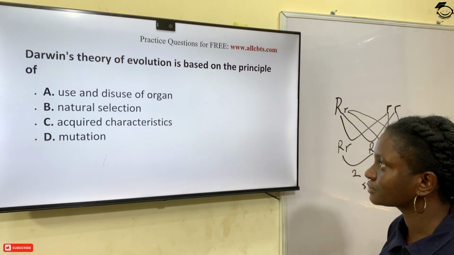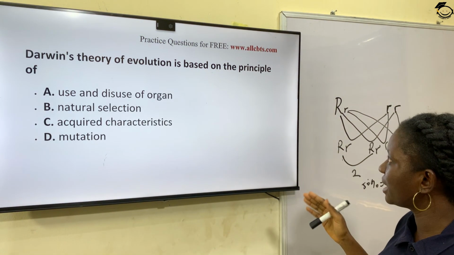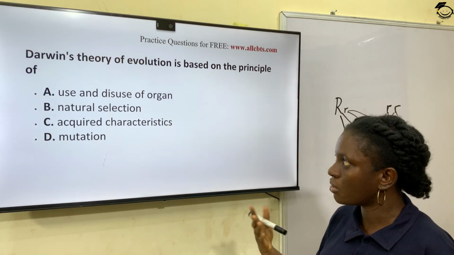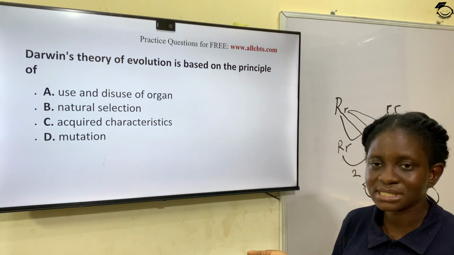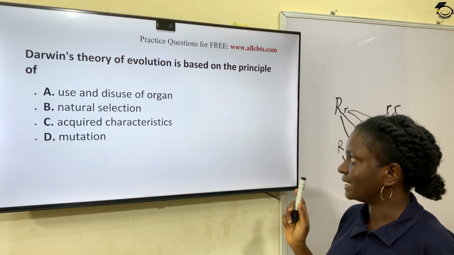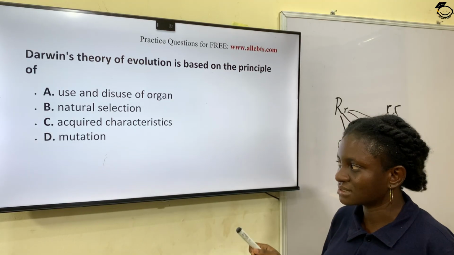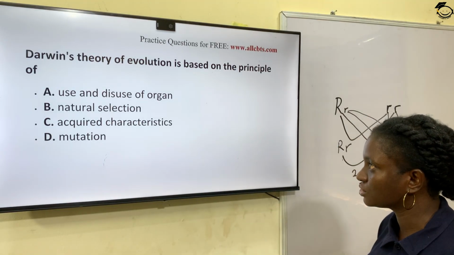Next question. Darwin's theory of evolution is based on the principle of: A. Use and disuse of organs. No, that is not proposed by Darwin. B. Natural selection, C. Acquired characteristics, D. Mutation.